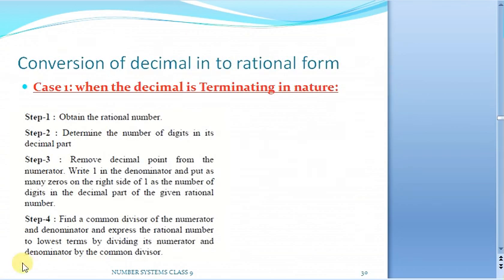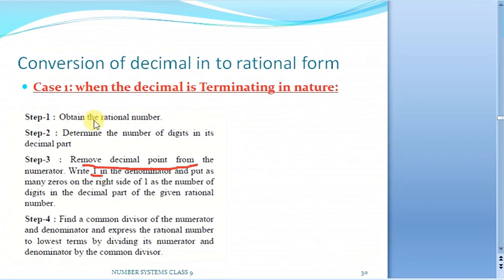So these are the steps we need to follow for converting a terminating decimal form to the rational form. First, remove the decimal point and count the number of digits after the decimal point. Then in the denominator, write 1 and keep as many zeros as the number of digits after the decimal point. This is very simple, I hope it is clear to you.